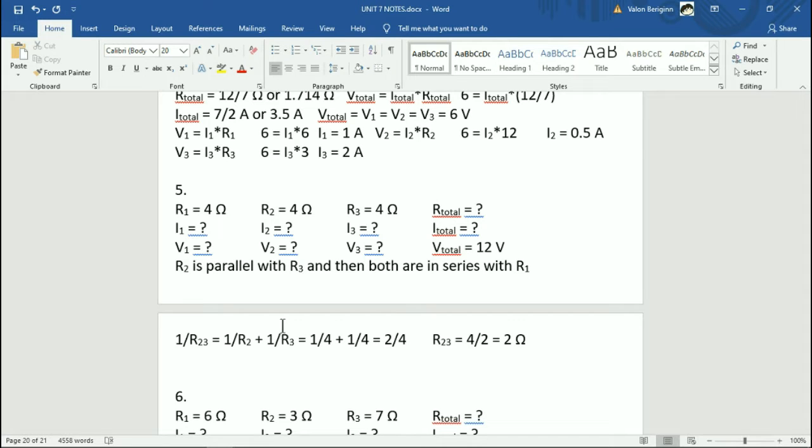And then our total is now, because you're putting it in series with R1, going to be R1 plus R23. So we get 4 plus 2, 6 ohms. That is our total resistance. And therefore, again, for current, we can use V equals IR.